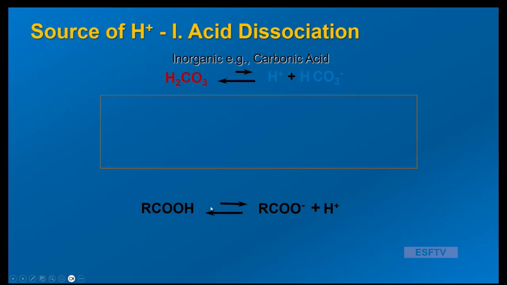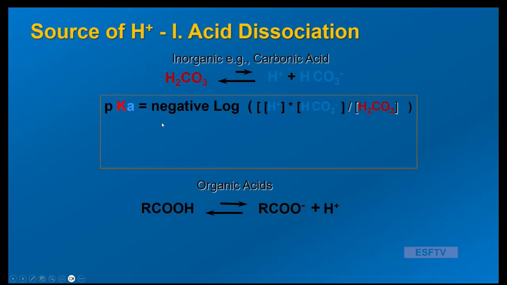You get a dissociation of H from the hydroxyl group. Remember that we talked about the double bond and the OH. The same things we talked about in soil colloids apply here to these organic acids. This is one of the business ends of organic acids, the carboxyl group. Organic, carbon-based. Inorganic, not carbon-based.